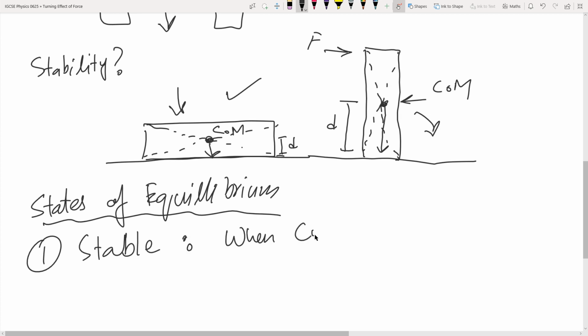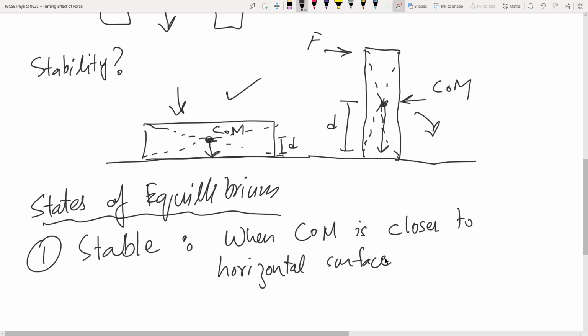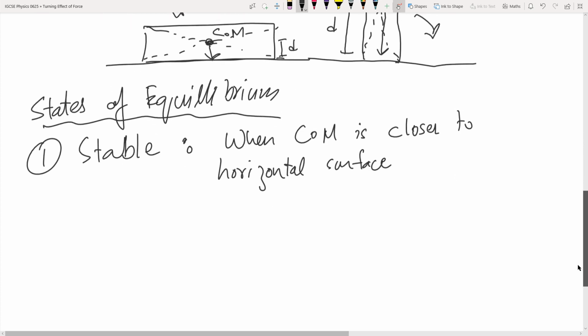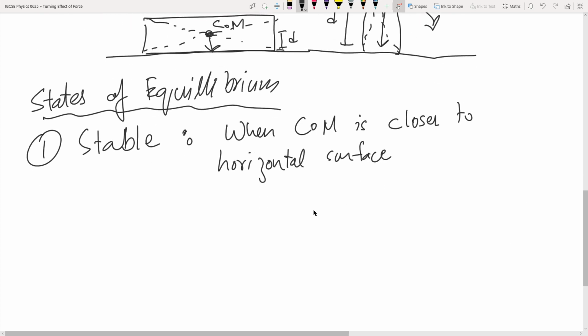When COM is closer to a horizontal surface, the object won't tend to topple, right? If I apply force on this book, it is going to move linearly, but it won't topple anywhere.